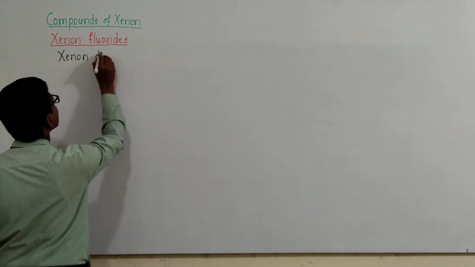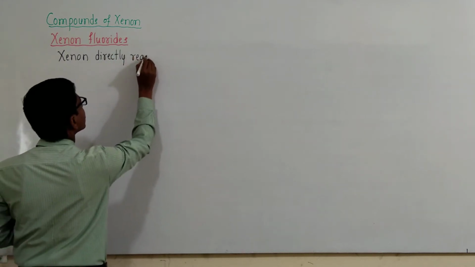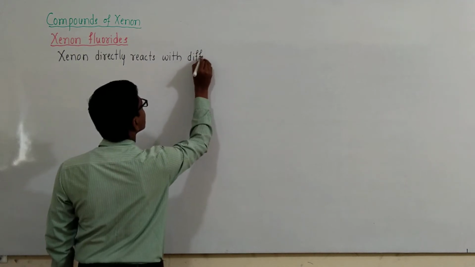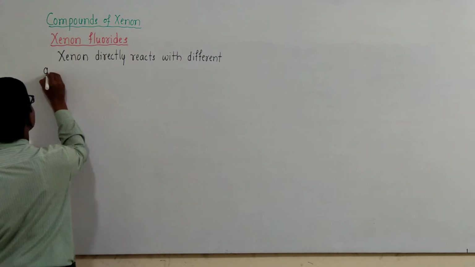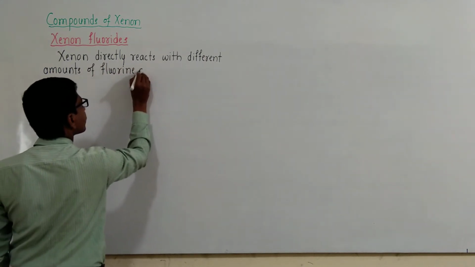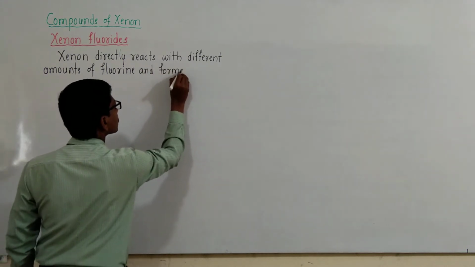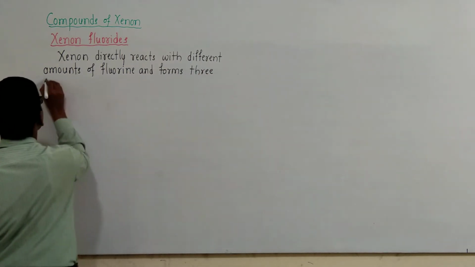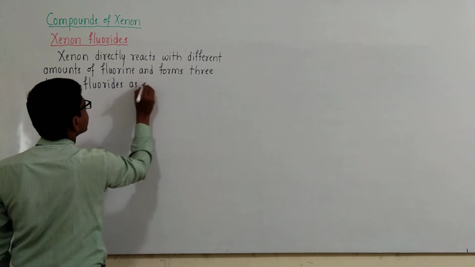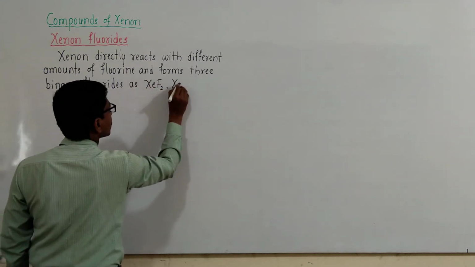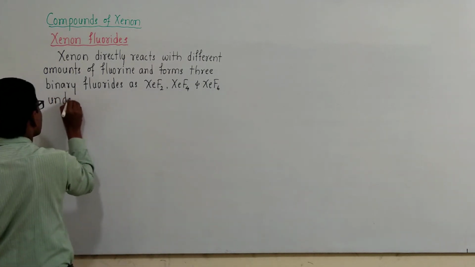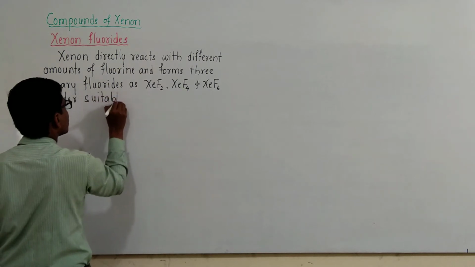Xenon directly reacts with different amounts of fluorine and forms three binary fluorides as XeF2, XeF4 and XeF6 under suitable conditions.